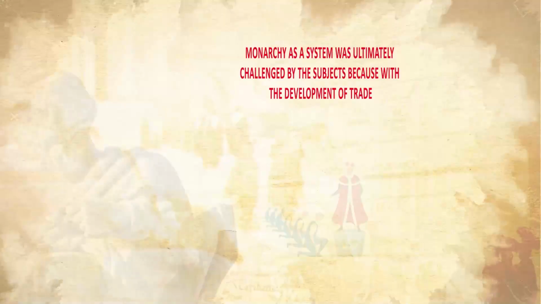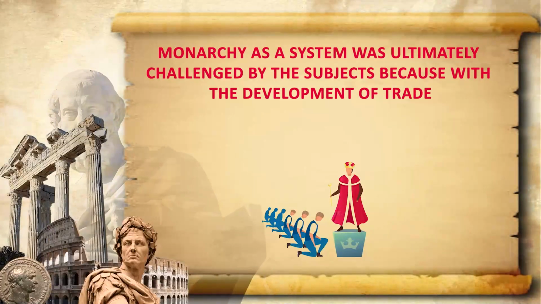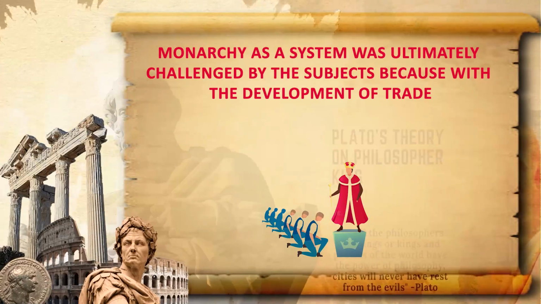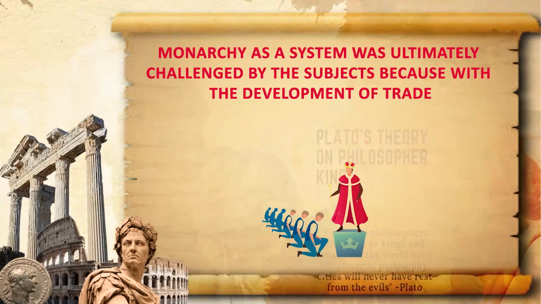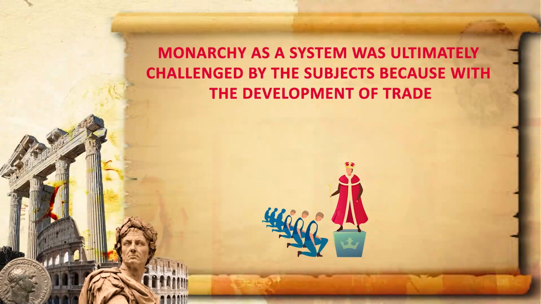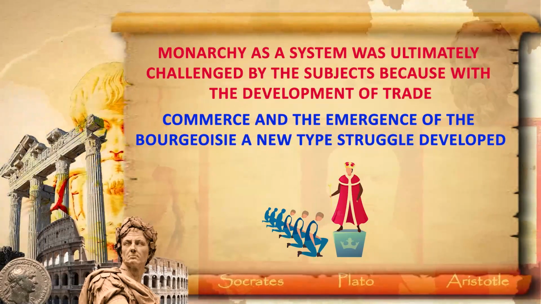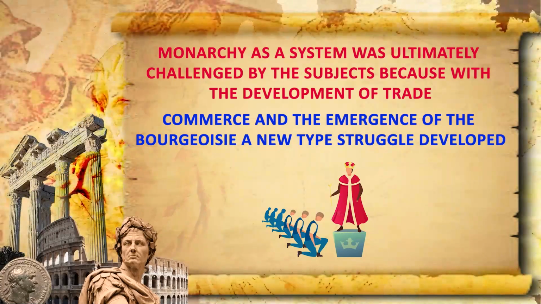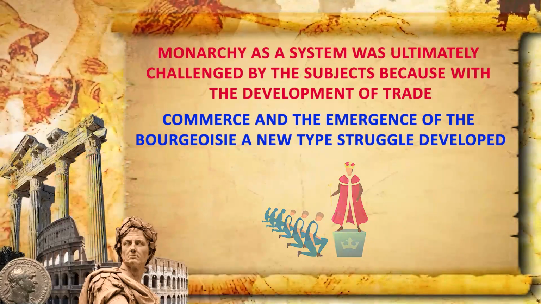But as we all know, the monarchy as a system was ultimately challenged by the subjects, because with the development of trade and commerce and the emergence of the bourgeois system, a new type of struggle developed. It was a struggle between the absolute monarchy and the subjects.